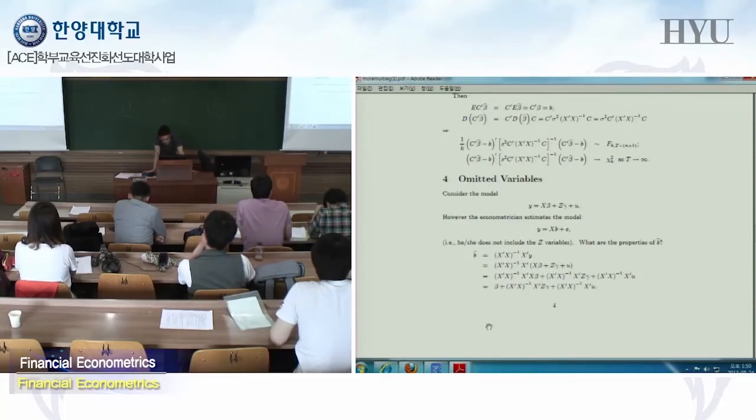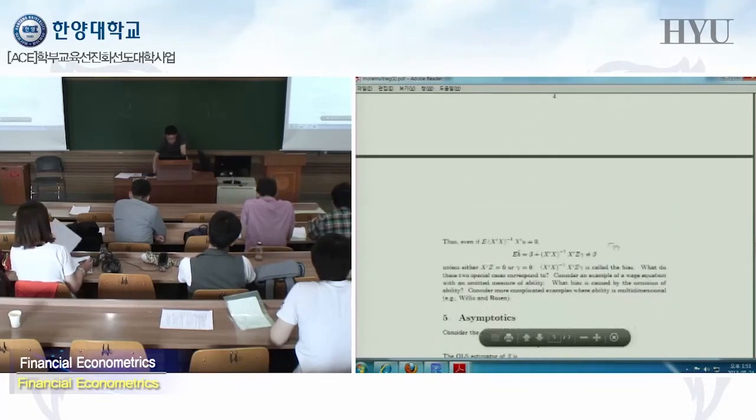Now we can expand this one: (X'X) inverse X'X beta plus (X'X) inverse X'Z gamma plus (X'X) inverse X'u. About the first term, (X'X) inverse and X'X cancel each other. So we eventually have b hat equal to beta plus (X'X) inverse X'Z gamma plus (X'X) inverse X'u.